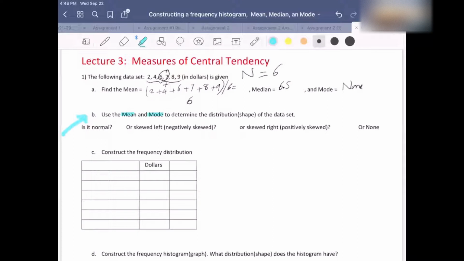Go ahead and type in the answer for me. Out of 4 options, what's your guess? What shape does the data set have? I will go with the majority, okay? Is it normal? Is it skewed to left? Is it skewed to right, or none of those?